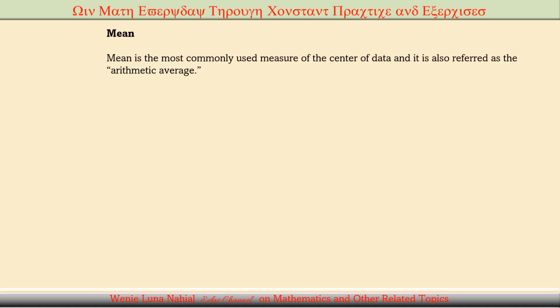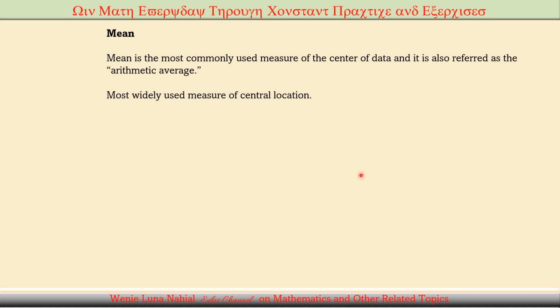Then we have the mean, which is the most commonly used measure of the center of data, and it is also referred to as the arithmetic average of the scores.